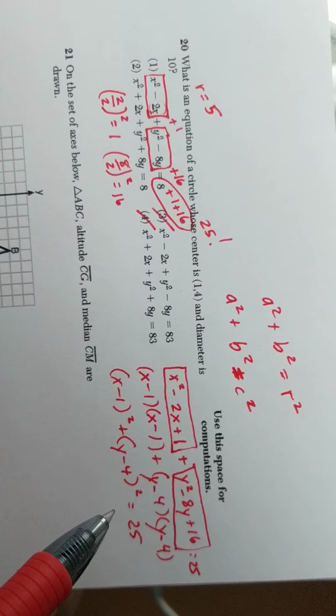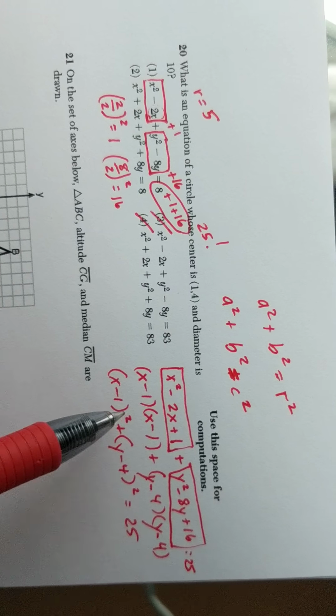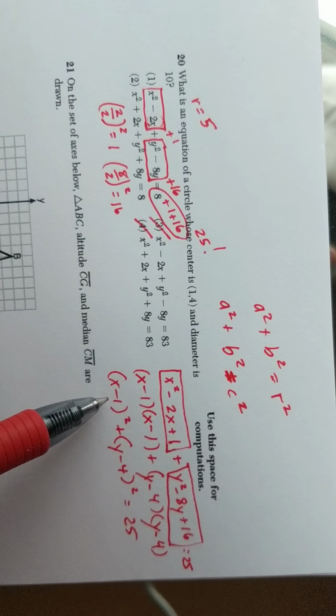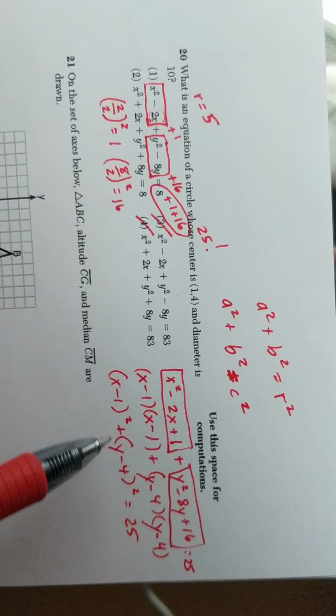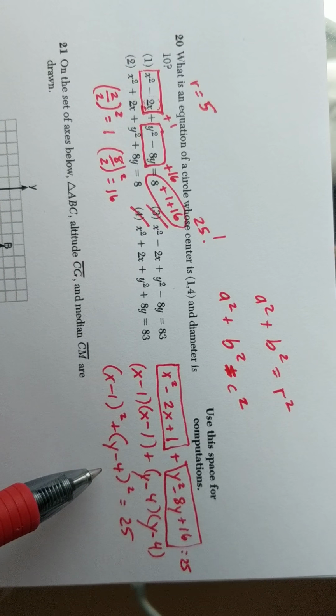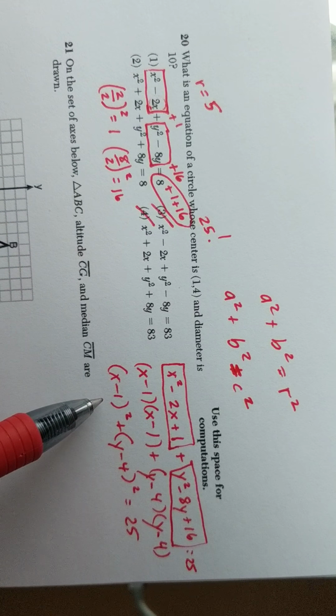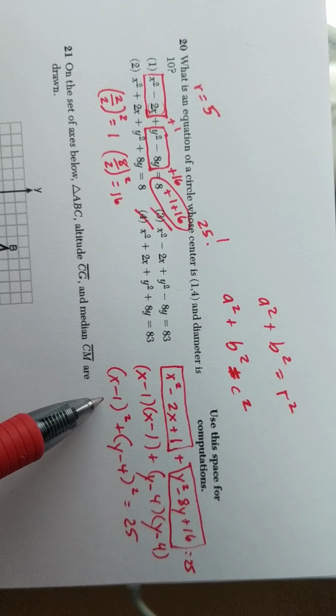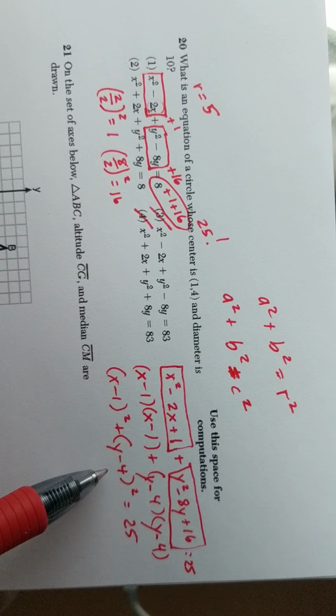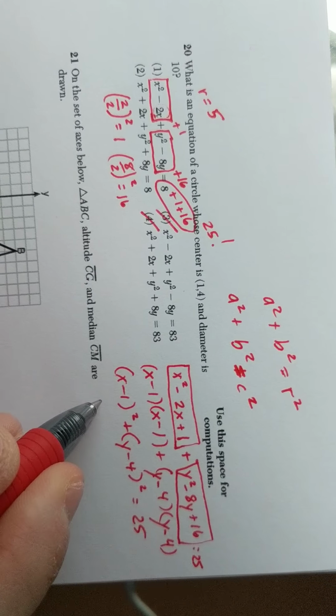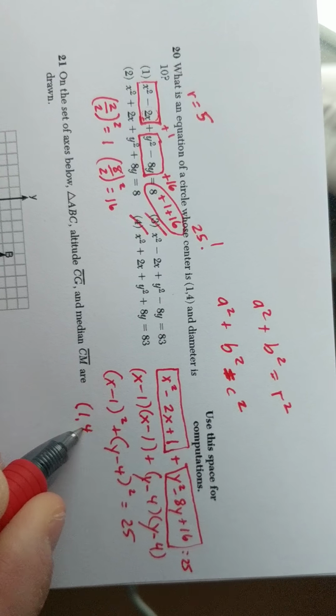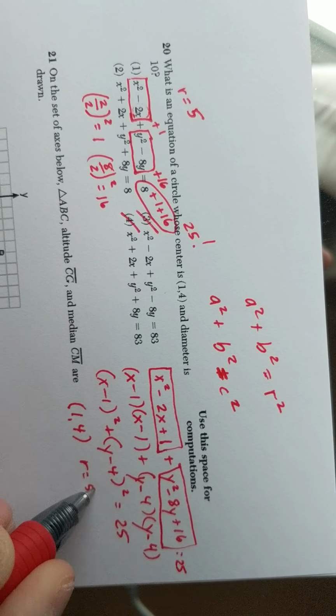So the thing with the center of a circle is you want it, this is like a translation. This means we went left 1 and I'm sorry, the translation is opposite sign. So this means we went right 1 and we went right 4. So the center will really be at 1, 4 in this circle with a radius of 5.